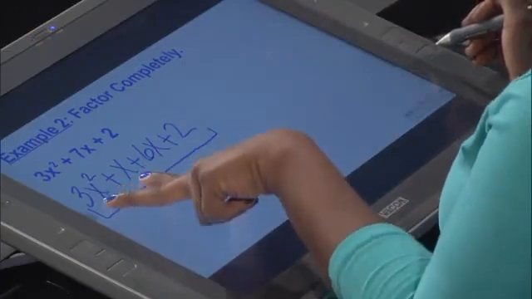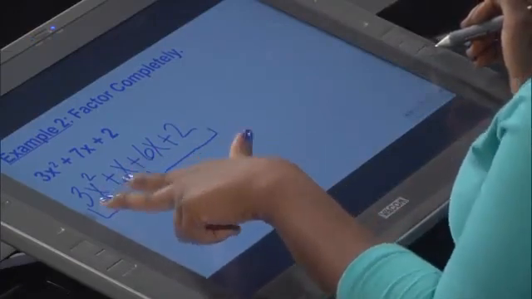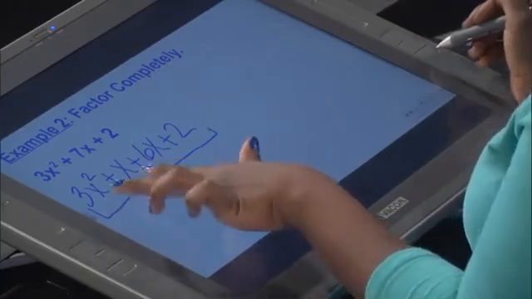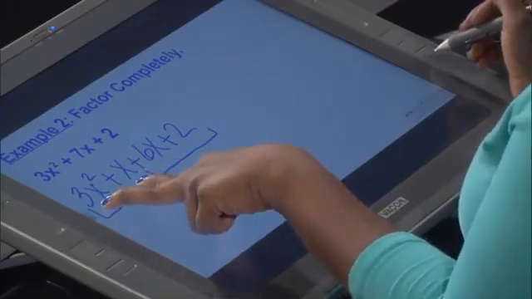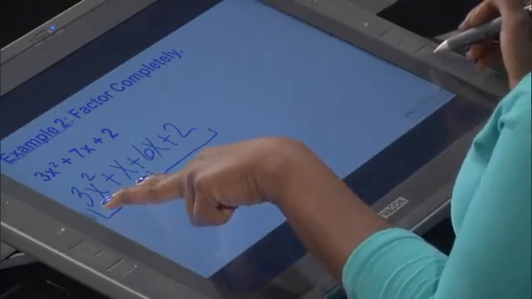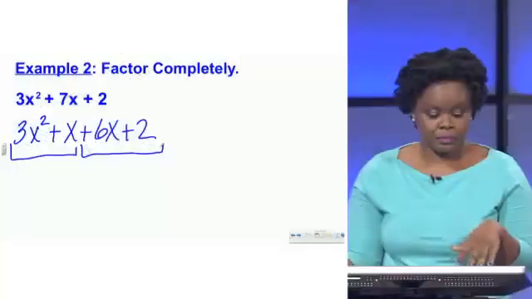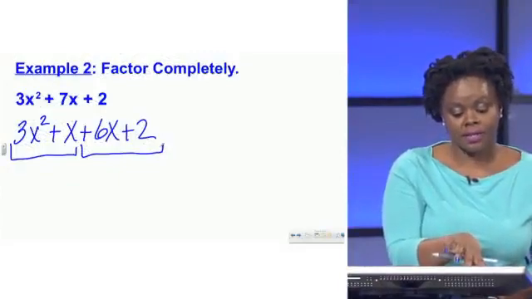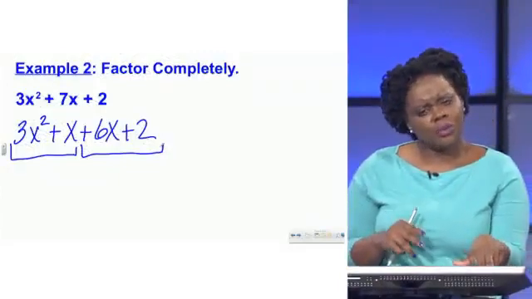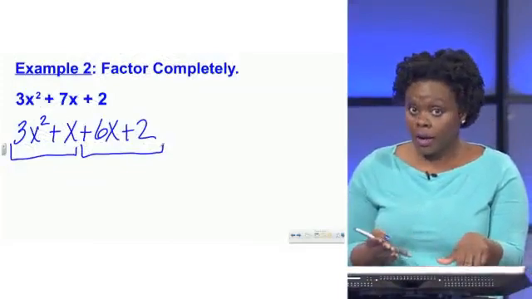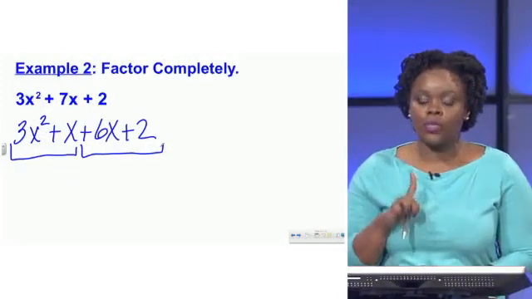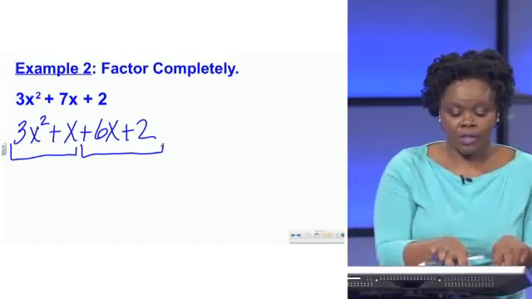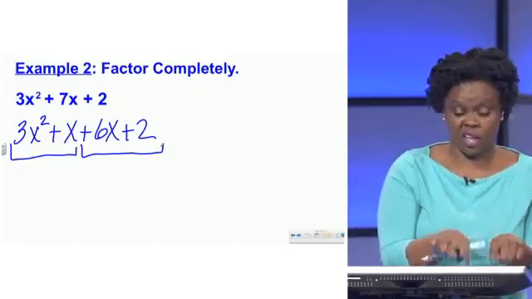Between these two terms, I see the coefficient of this one's 3. Coefficient of this one is 1. So as far as my numbers are concerned, the greatest number they have in common as a factor is 1. Now I see I have x squared and I have x. So if this term has 2 x's and this term has 1x, then they both have at least 1x in common. So the greatest common factor of these two terms is just 1x.